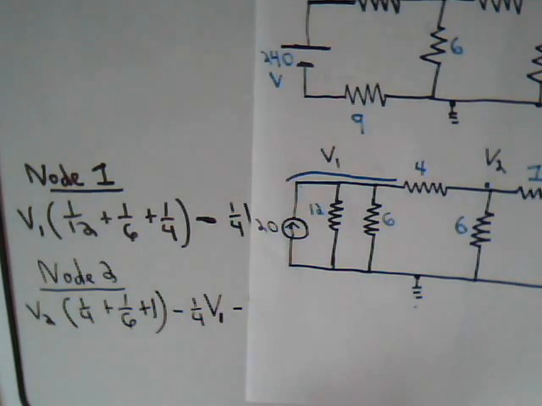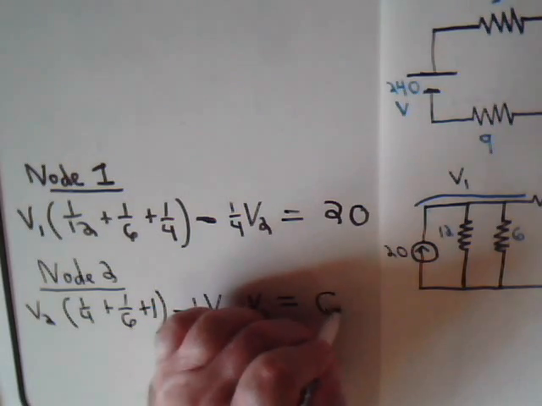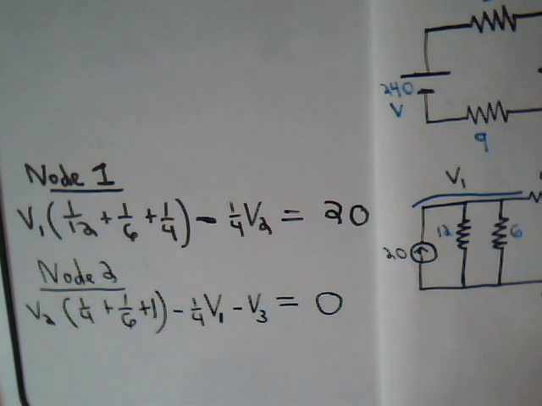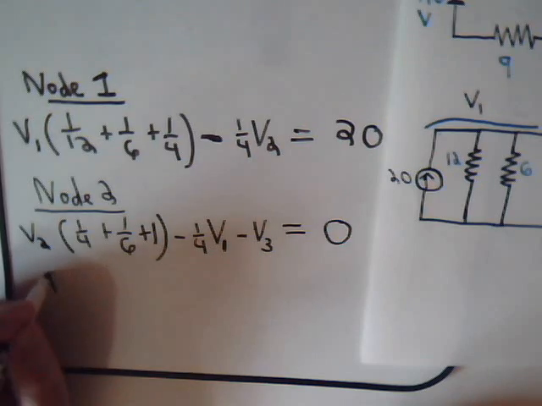No current sources here, so the net current for that node is 0. And again, this is the format technique that we developed in the previous videos. Now let's go on to node 3.